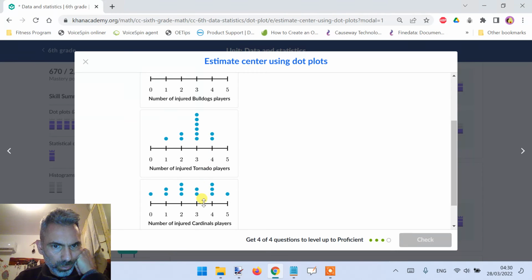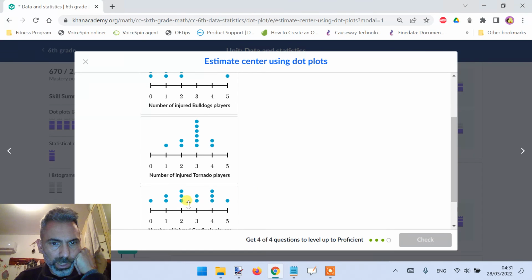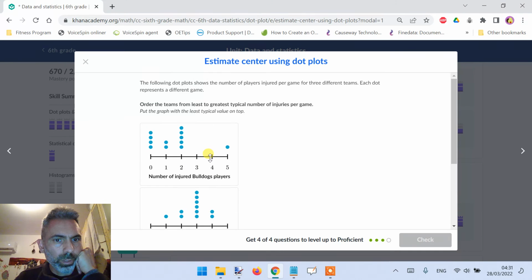And here it's quite an even spread. So I'd say it's somewhere in the middle, halfway between 2 and 3, because the spread of the dots is quite even across the number line. So I would say that it's somewhere here. It's less than 3.